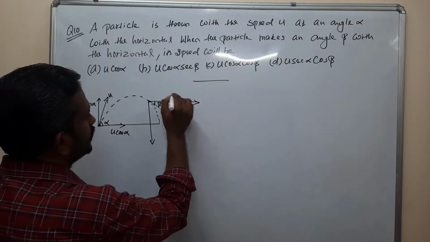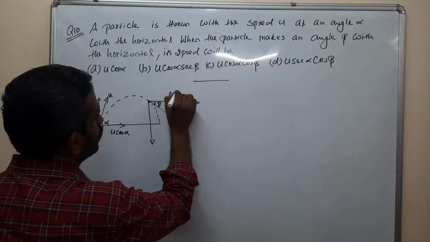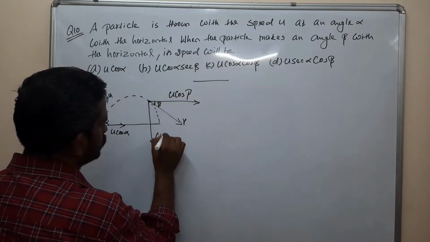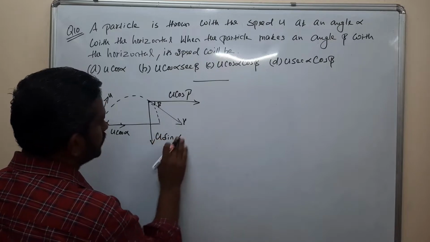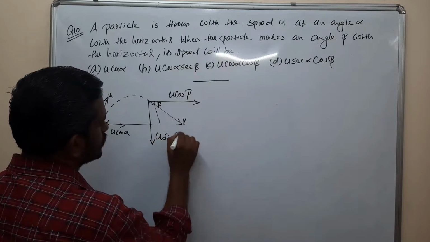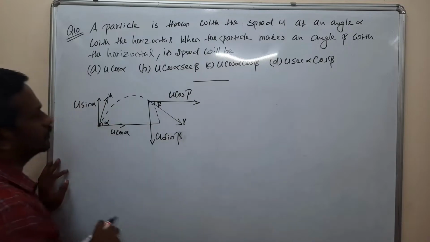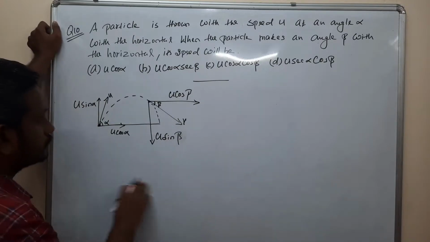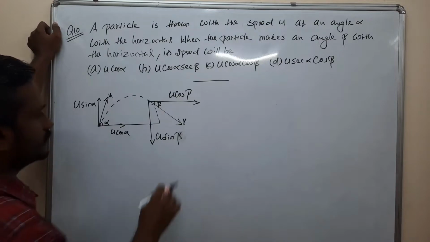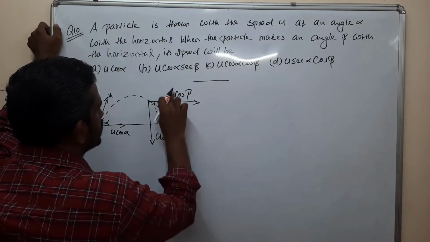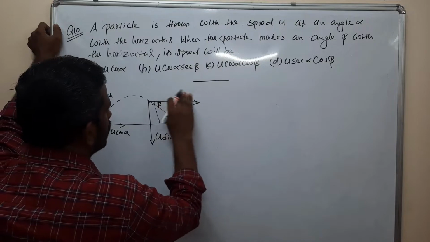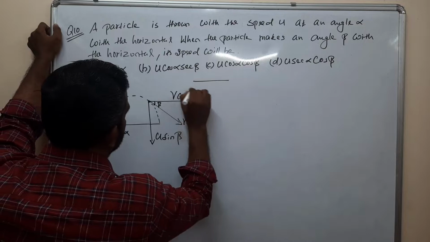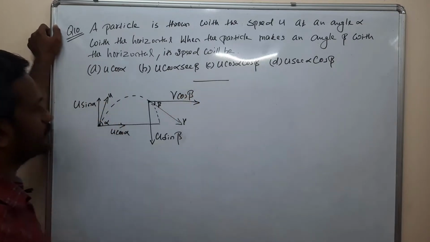So the components are v cos beta, this is v sin beta.